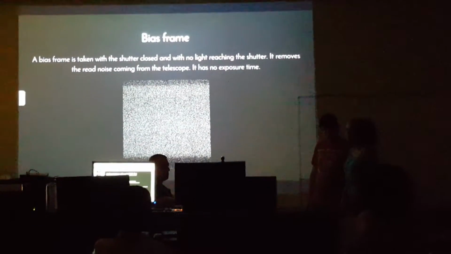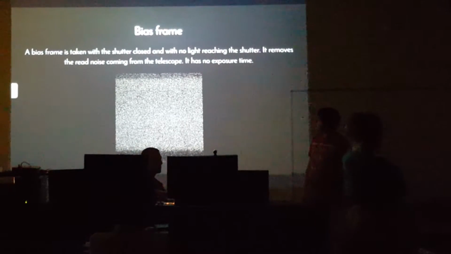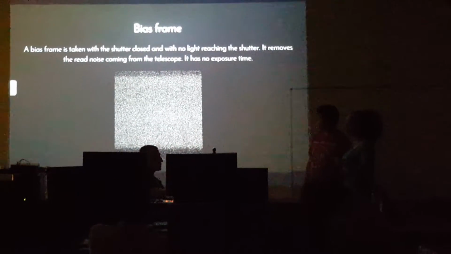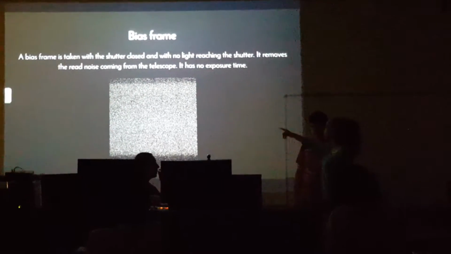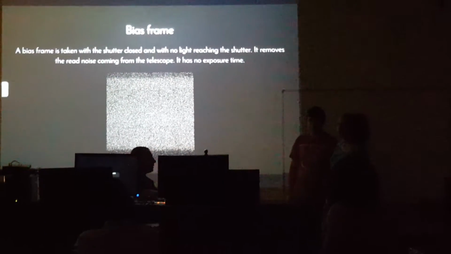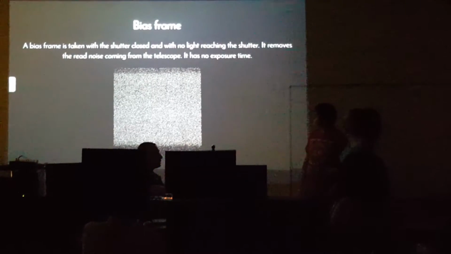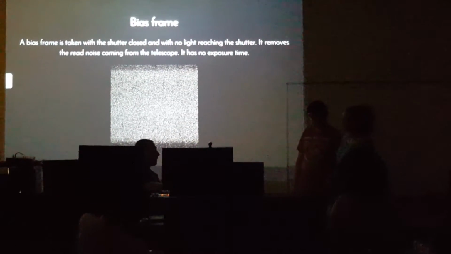One of the frames that we took was a bias frame, and the bias frame is taken with the shutter closed and no light comes in. This is an example of a bias frame that we actually took on one of our days. It has no exposure time, and the purpose of it is to eliminate read noise coming from the telescope itself.